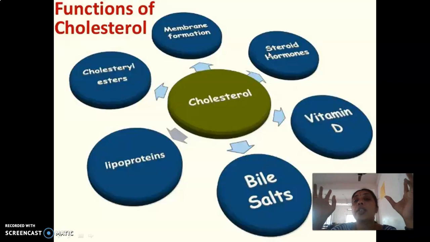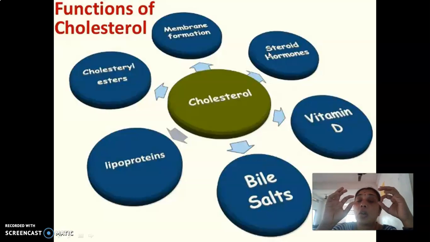All the corticoids are derived from cholesterol, and the cortical hormones belong to three different classes. Glucocorticoids are responsible for controlling the carbohydrate metabolism. See the name, glucocorticoids: they control the glucose or carbohydrate metabolism. Then mineralocorticoids control the mineral metabolism, that is sodium and potassium metabolism.